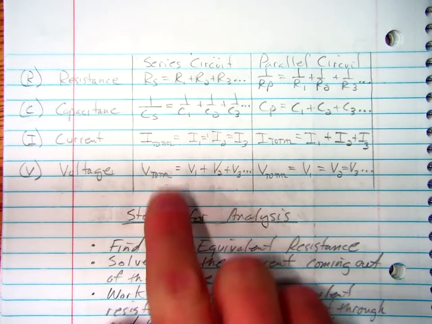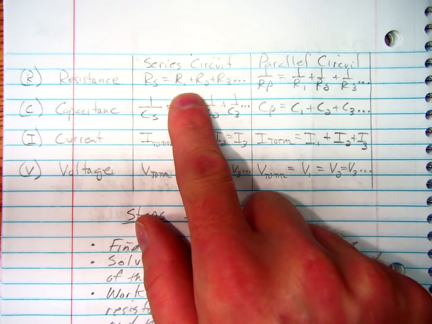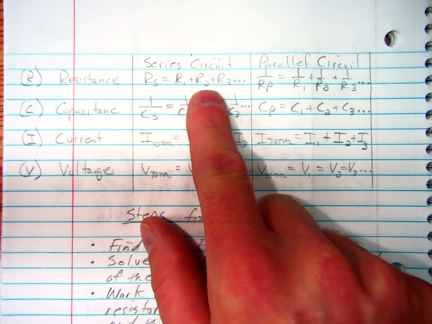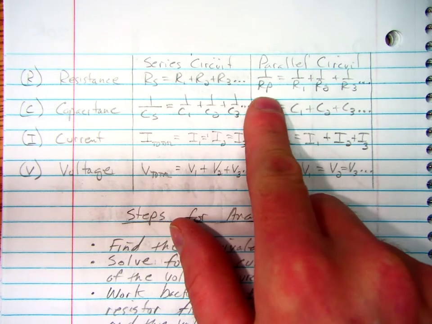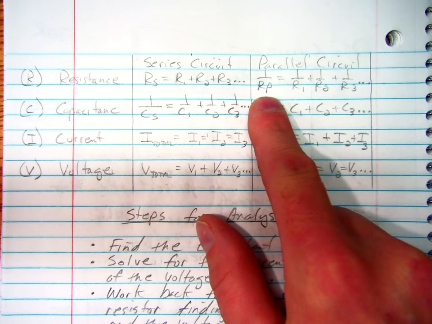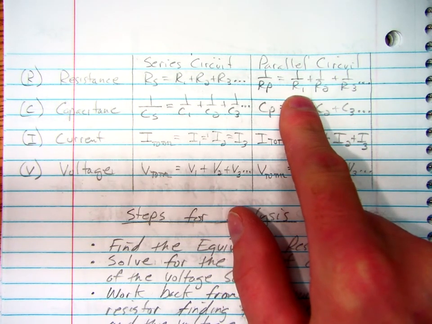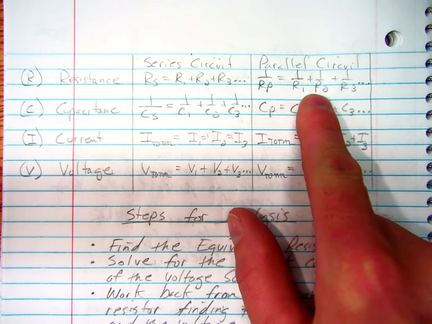This is just the resistance. To find the series equivalent resistance, you just add up the resistors if they're in series. And for parallel, it's a little more complicated. This is read as the reciprocal of the parallel resistance is equal to the sum of the reciprocals of each individual resistor.